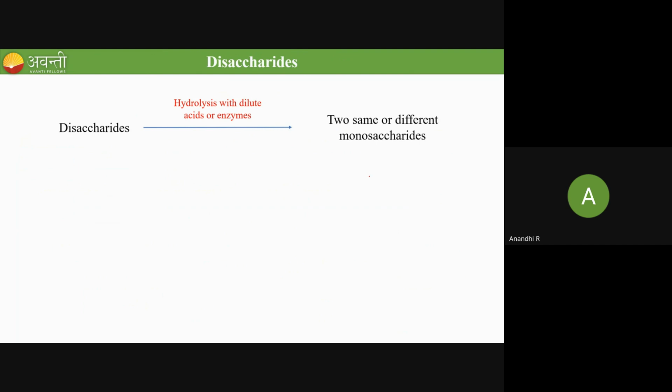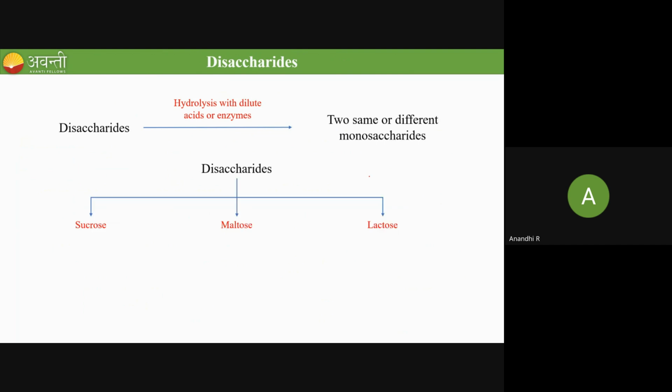Oligo means 2 to 10 monosaccharide units, and in the case of di, you get only 2. If you get 3 monosaccharides, it is called a trisaccharide. If you get 4, it is called a tetrasaccharide. So di means a compound on hydrolysis forms 2 monosaccharides. Got it? Those 2 can be the same or they can be different.